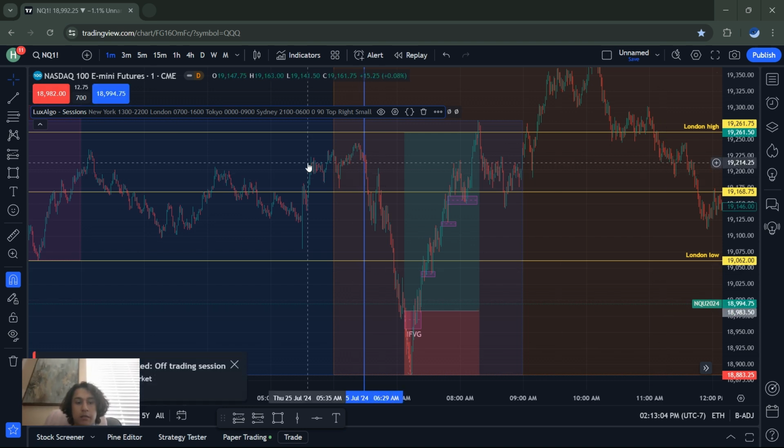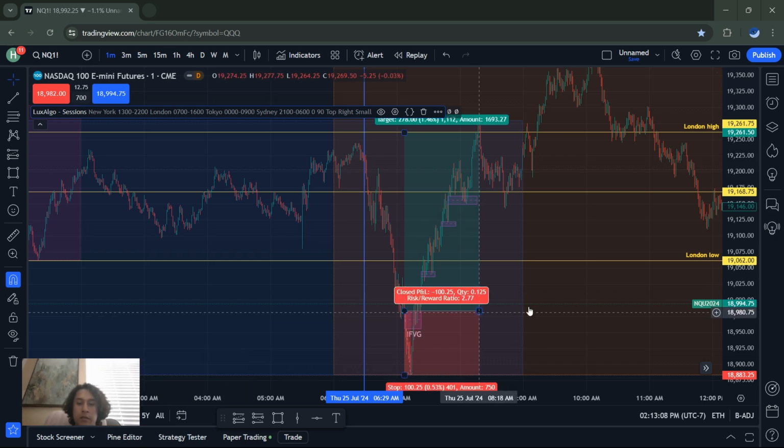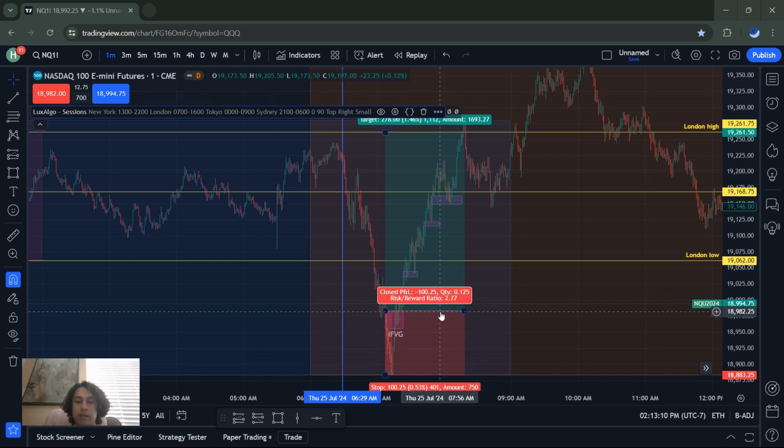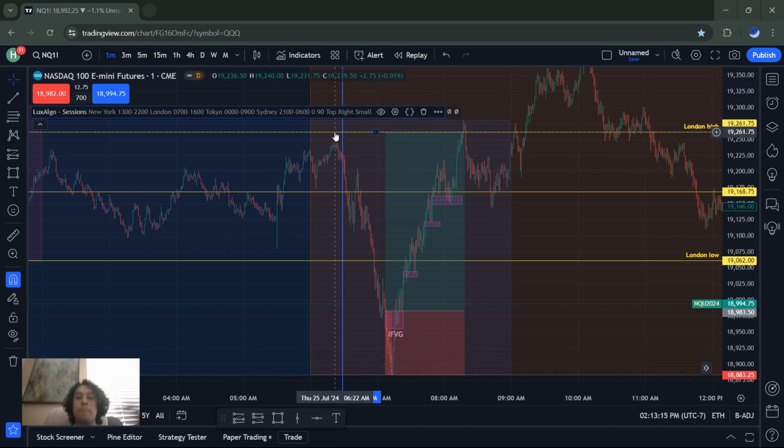Okay. Let's just say we buy. That's off trading session, whatever. But if I set a limit order and it triggers and my stop loss is right here and my target is right here, I don't really trim. Being honest with you, I hold my positions till I take profit. And it usually works for me.